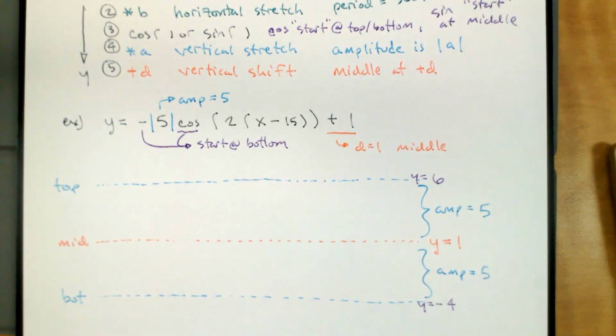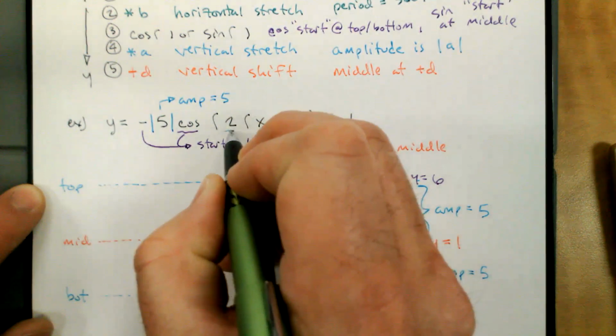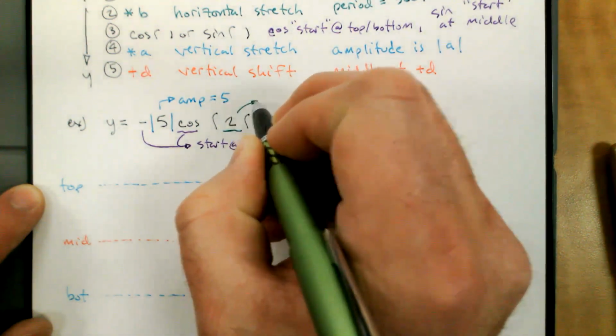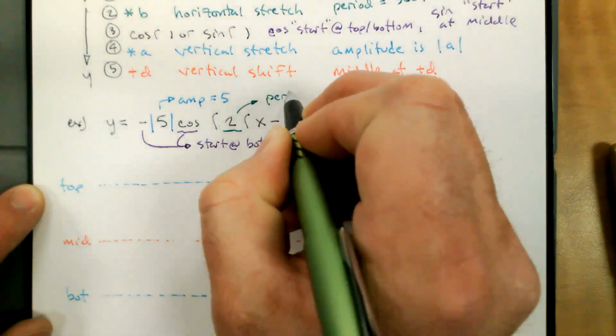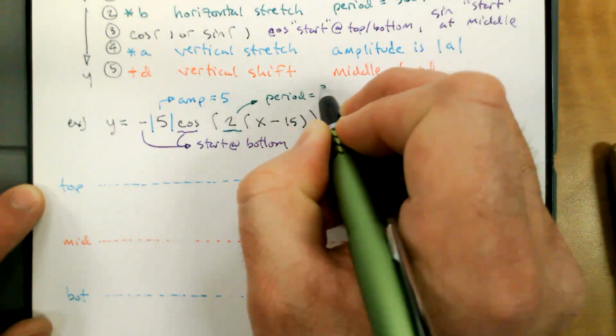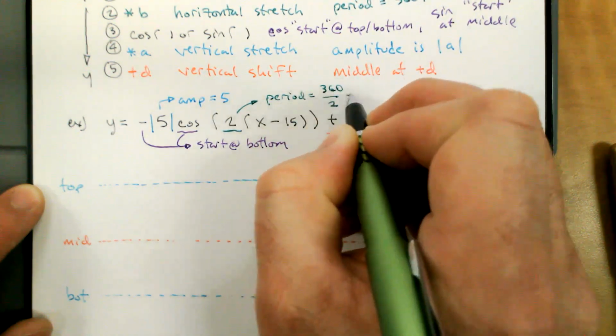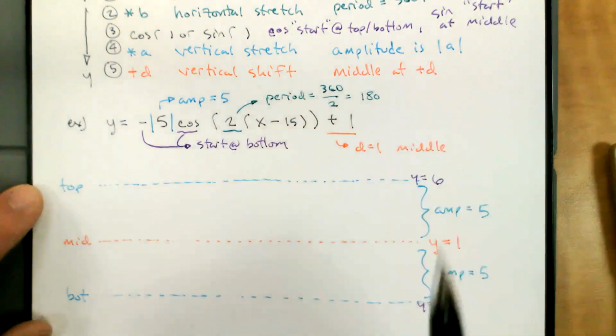Next, we can look at the inside information, the before information. The 2 indicates that the period is 360 divided by 2, or 180 degrees.